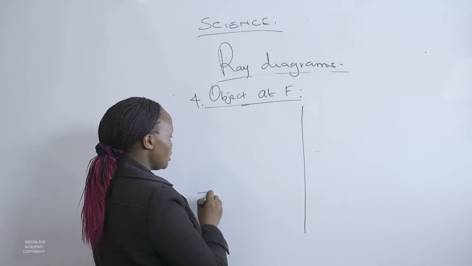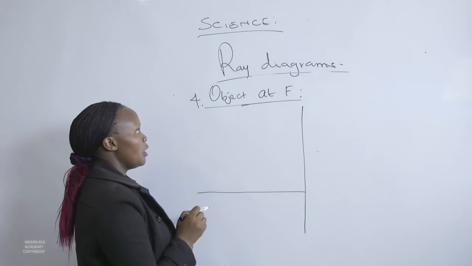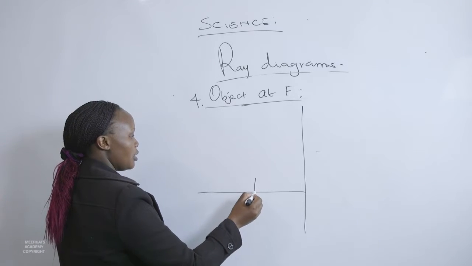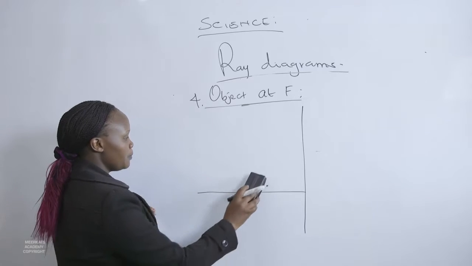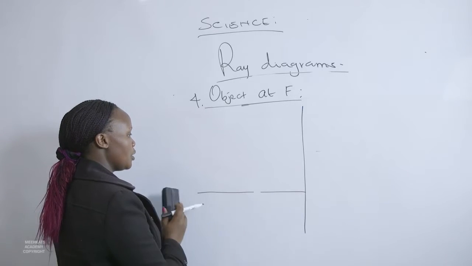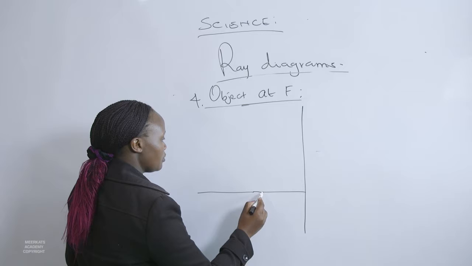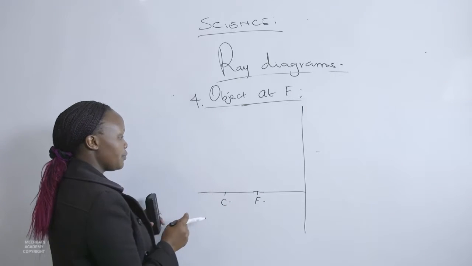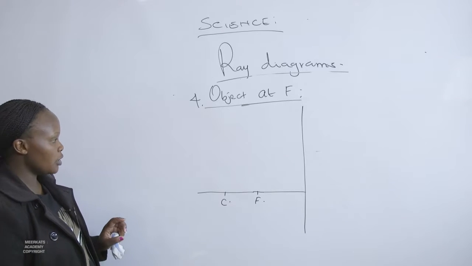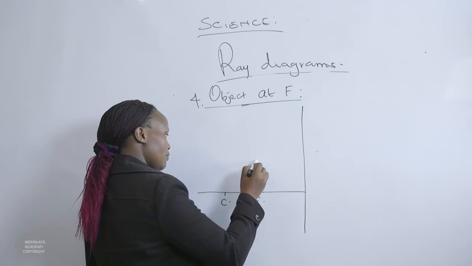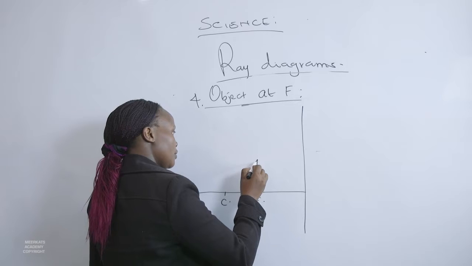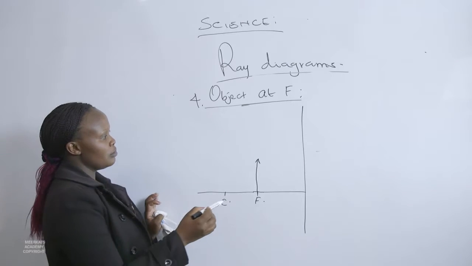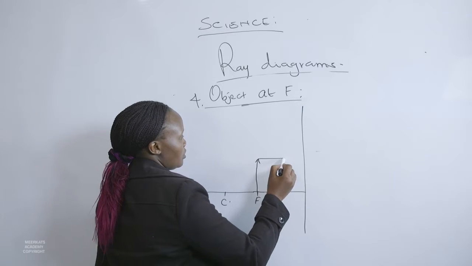Now, let us trace the image of an object at F and see how we are going to describe the same. Let us put our F here, our C here, then our object is placed at F. Let us consider two rays from the object.